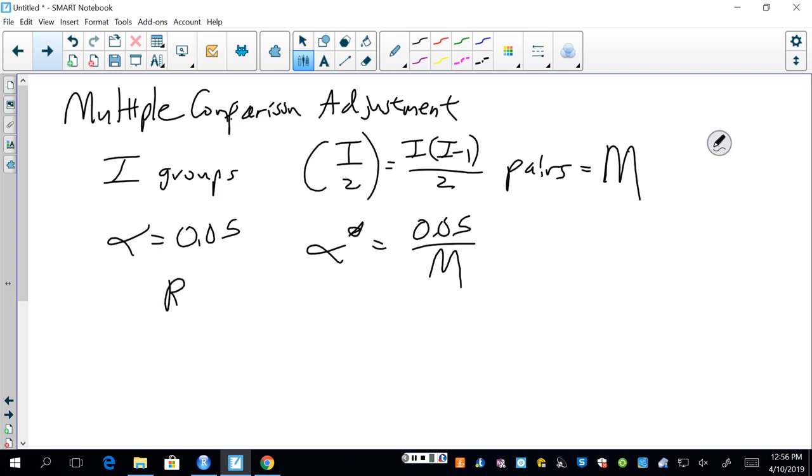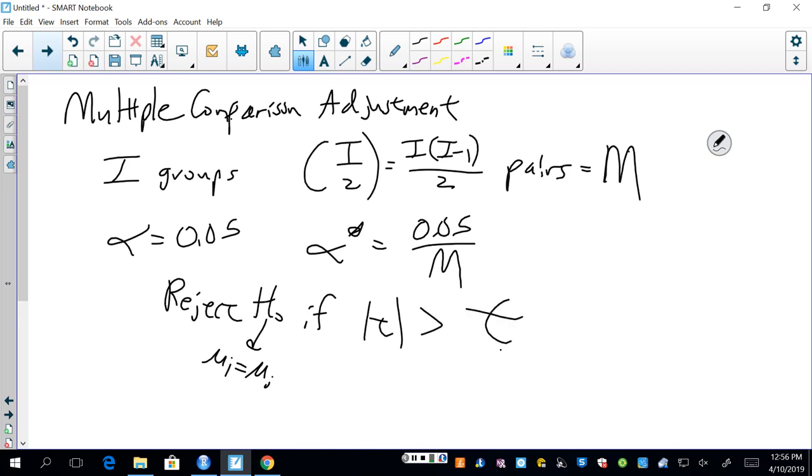And we're going to reject a null hypothesis if we get a t-value. So this is comparing mu sub i to mu sub j for two different ones. If our t-value is greater than a t with our n minus I degrees of freedom, and so it's 1 minus, well, we take 0.05, it's two-sided, we divide that by 2, and so, yeah, that's what it is.